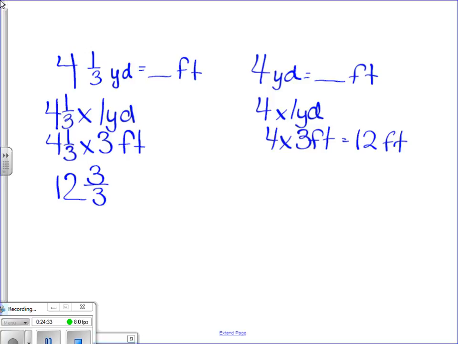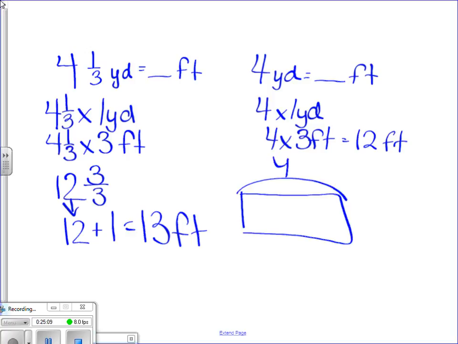Wait, no, that's a whole number. So like 13. 3/3 is 1. So it's 13 feet. Because we know that 4 yards is equal to 12 feet. 1/3 of a yard is 1 foot.